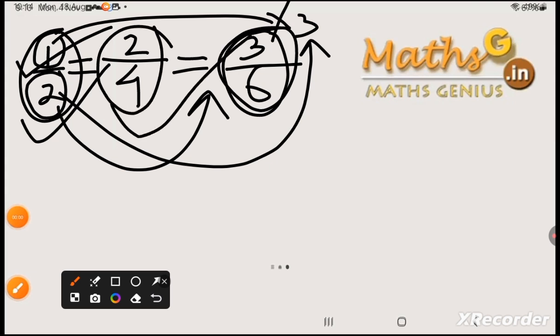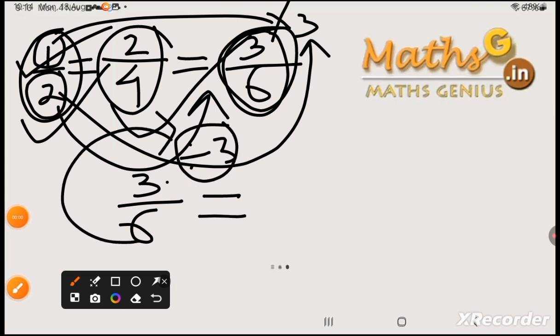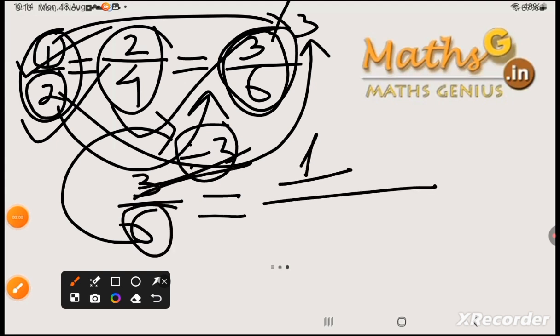Let us go the reverse way. 3 by 6 is there. If I divide 3 by 3 and 6 by 3, what will we get? 3 divided by 3 is 1, 6 divided by 3 is 2.